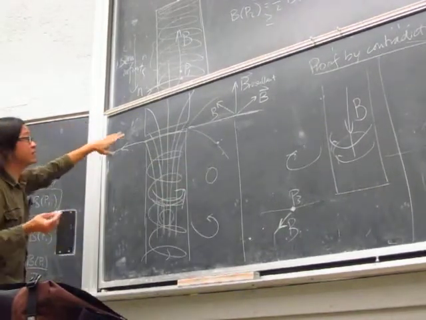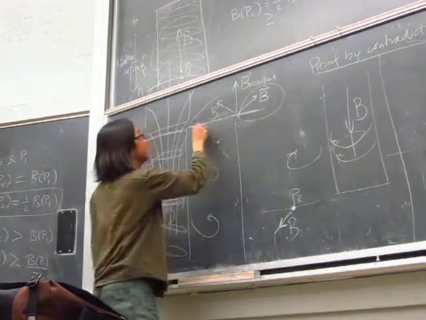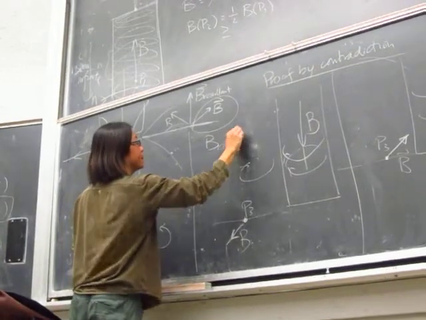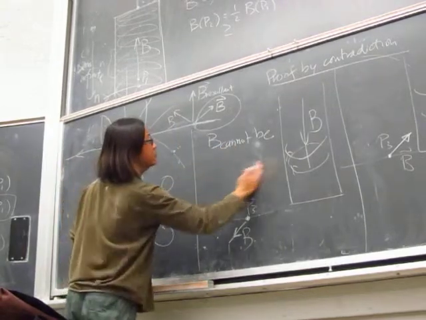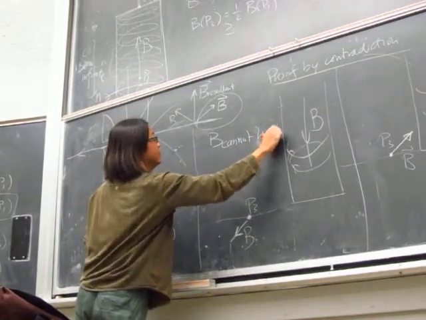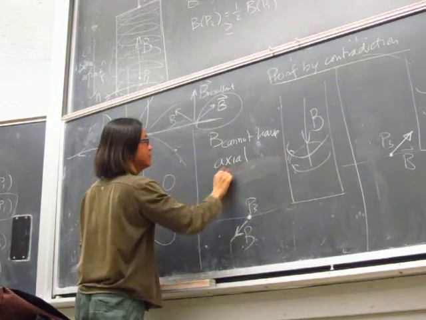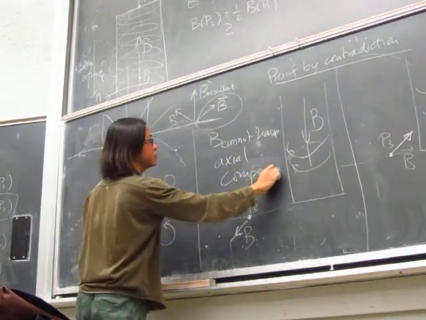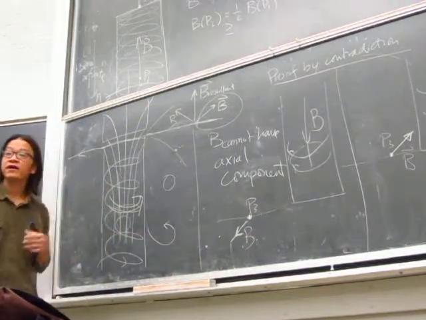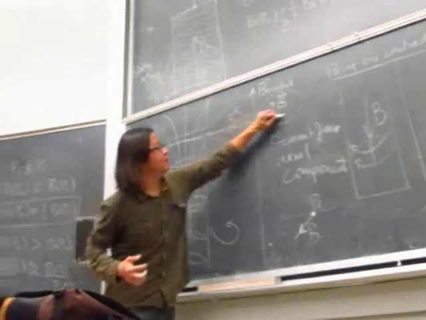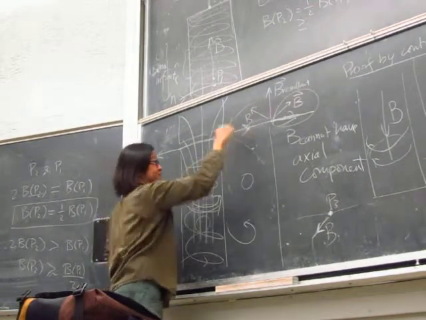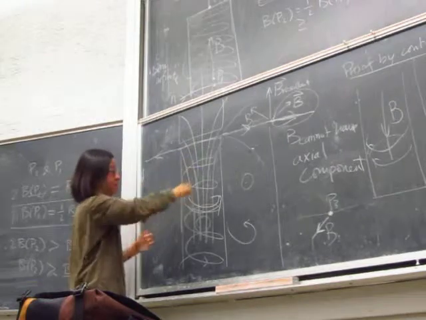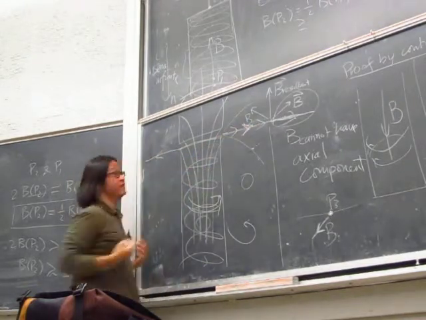Whatever our original assumption is, over here you cannot have an axial component, because it leads to a contradiction. The B field has to be in that direction, has to be straight by the continuity of the flux line. It has to be in that direction.